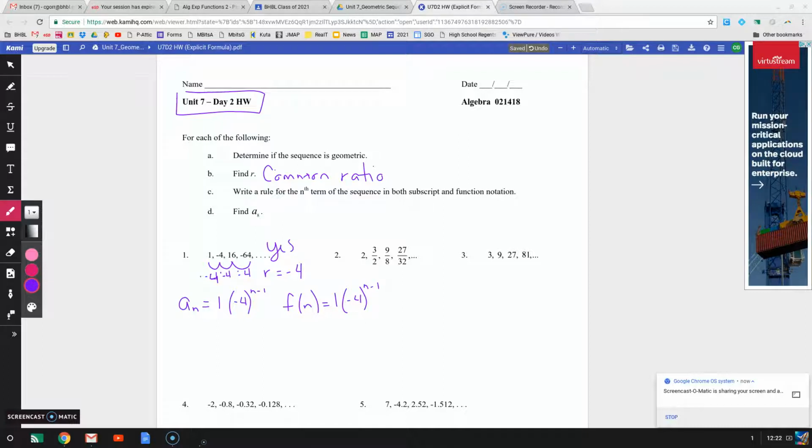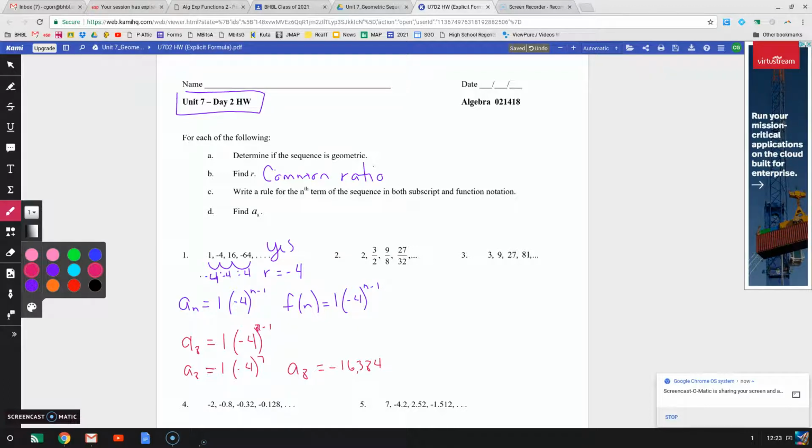If I want to evaluate a sub 8, I've got 1 times -4 to the 8 minus 1 power. So a sub 8 is 1 times -4 to the 7th power. When I evaluate that, I get that a sub 8 is -16,384.